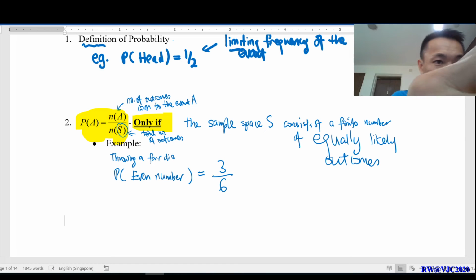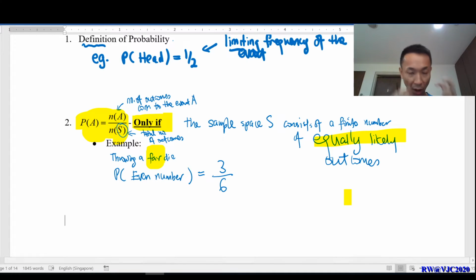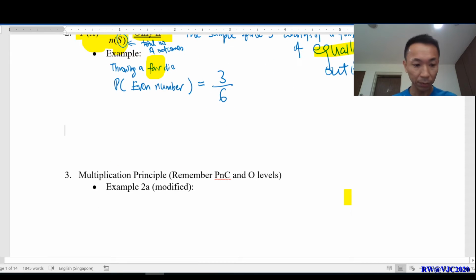The keywords are equally likely. So in my example, the important word is a fair die. If the die is not fair, there's no way this 3 over 6 applies. So I want to emphasize that. Got it? Okay, good.